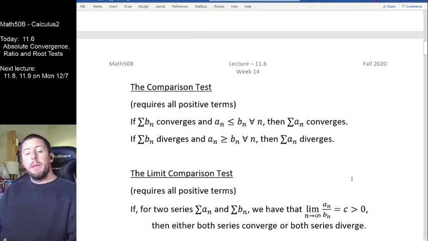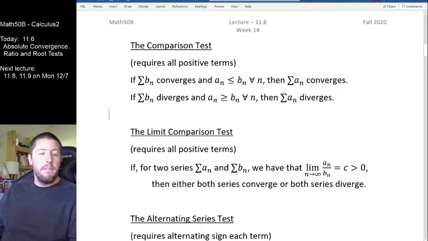We also saw the limit comparison test in the last video, and very importantly, the limit comparison test also requires all positive terms. The limit comparison test says if we have two series, A sub n and B sub n, then we look at the limit of the ratio of their nth terms. If it is equal to a positive constant, then either both series converge or both series diverge.